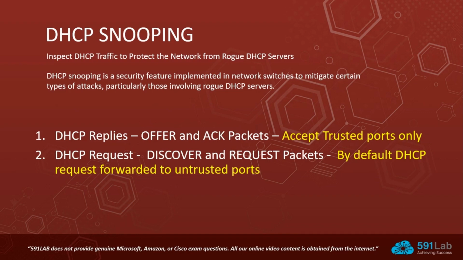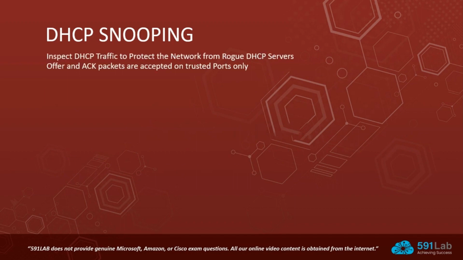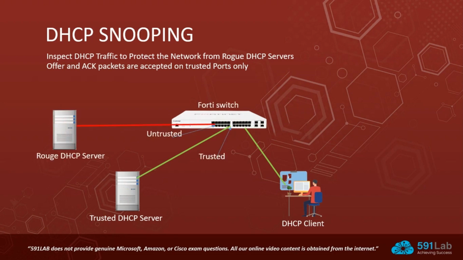Let's go through this example. Look at the diagram. You enable DHCP snooping on a VLAN and then you configure a port as trusted or untrusted. The example on this slide shows a switch with 3 endpoints connected.